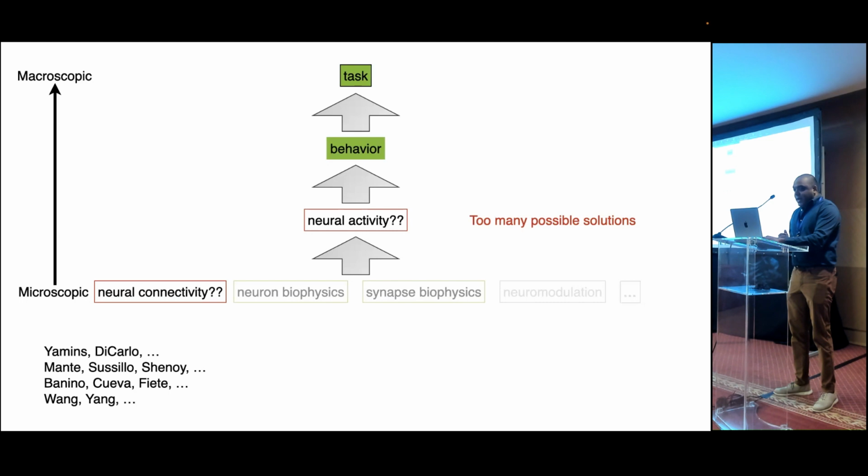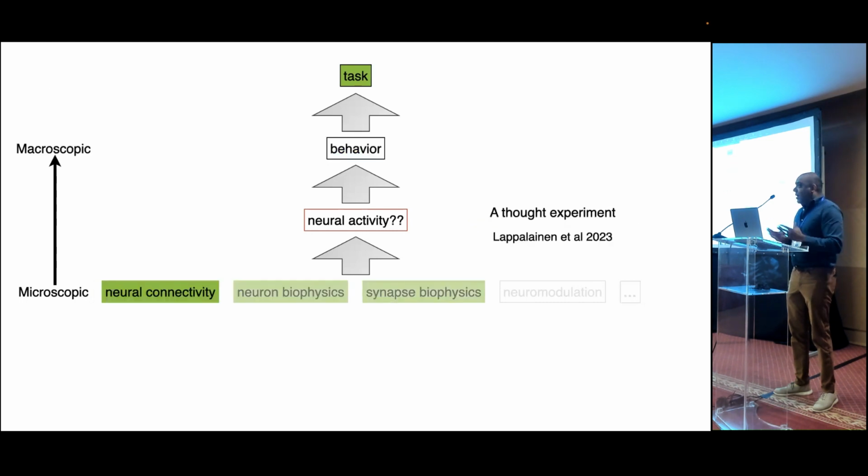And so, in this work, what we asked was, what if you bring in constraints across these scales? If you know something about the task that a circuit might be trying to solve and measurements at the microscopic scale, are those sufficient? So this study, you should think of as a thought experiment where we kind of tied two arms behind our backs.